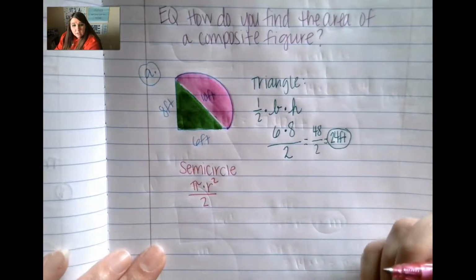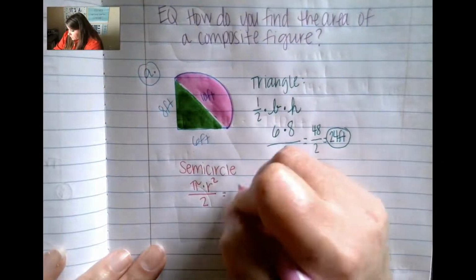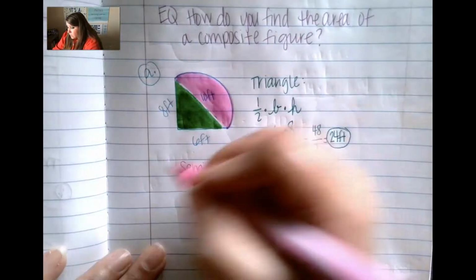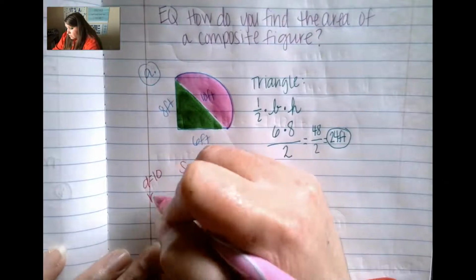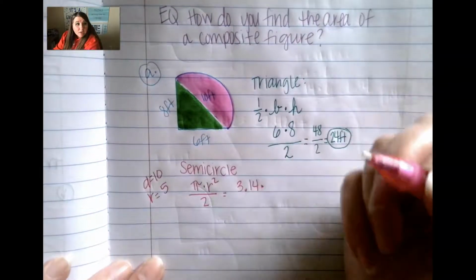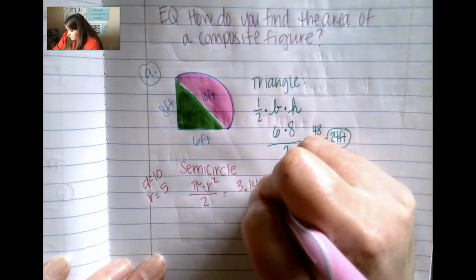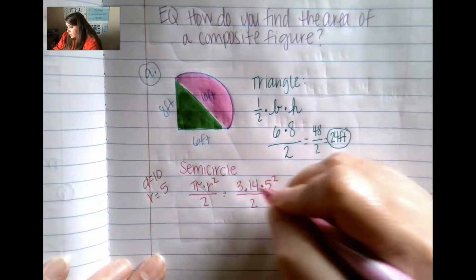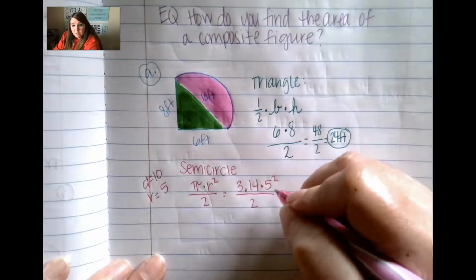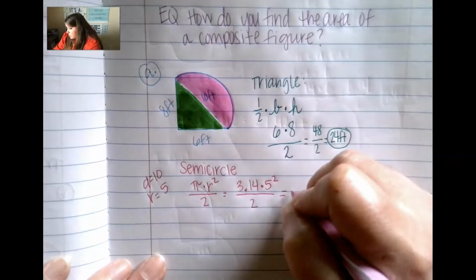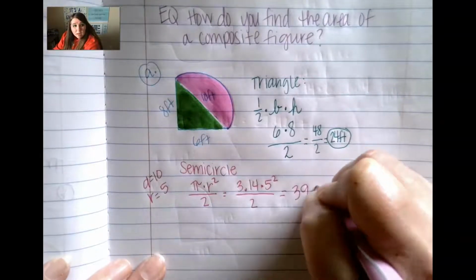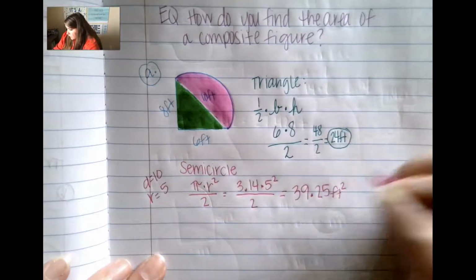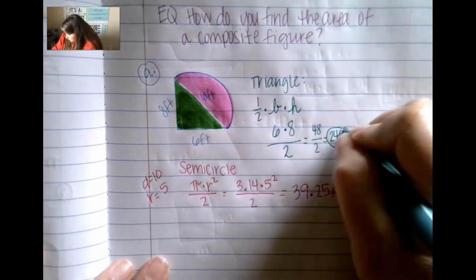So 3.14 times the radius. The diameter equals 10, so the radius equals 5. So we do 5 squared, and then chop that in half. That gives us a total of 39.25 feet squared. This one is also feet squared.